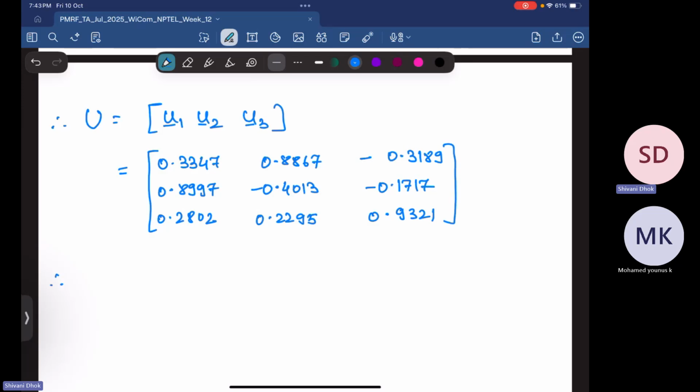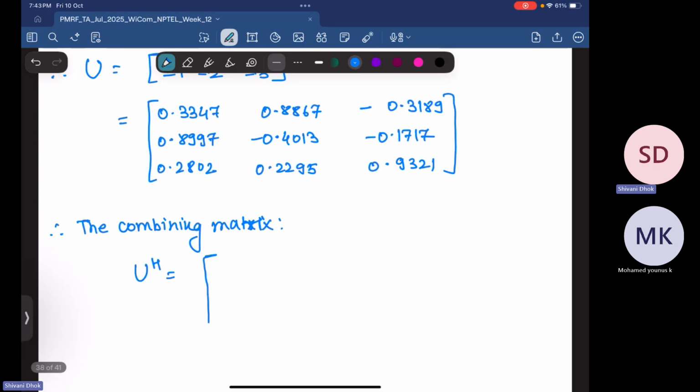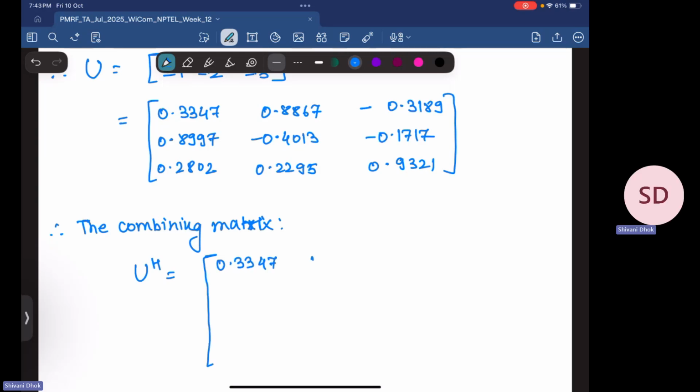So therefore, the combining matrix is U Hermitian, which is equal to the Hermitian of this particular matrix. So that is 0.3347, 0.8997, 0.2802.